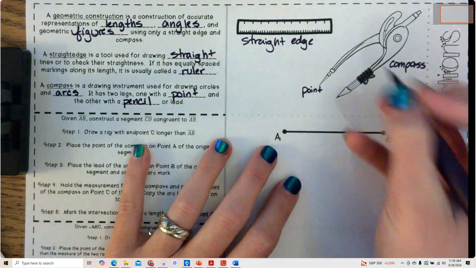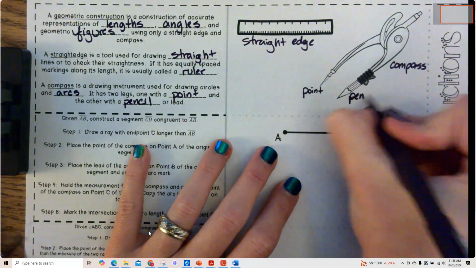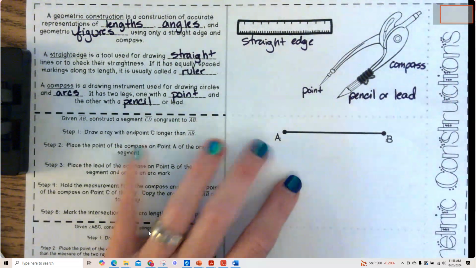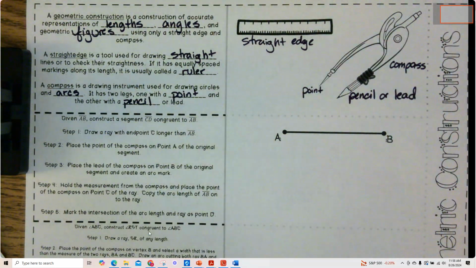And then the pencil or the lead. Because some of these, like a pencil doesn't even fit into it. It's almost like a mechanical pencil and you just slide a lead into it, into the whole thing. So you don't have to replace an entire pencil in it.